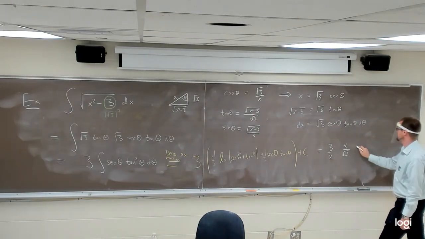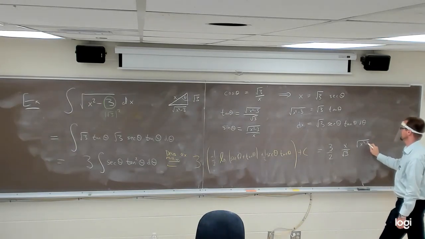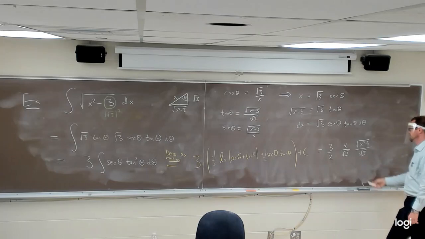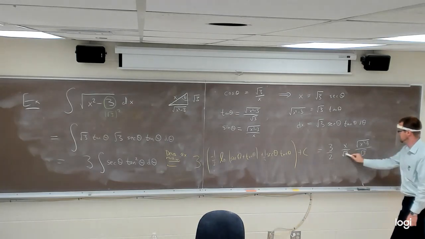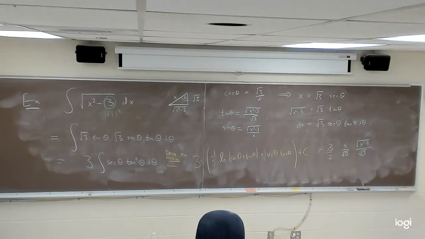Tangent theta is square root of x squared minus 3 over root 3. Let's see a cancellation here because these multiply to 3. And then minus 3/2 log of secant plus tangent, that's x over root 3, plus root x squared minus 3 over root 3, plus c. There we go.